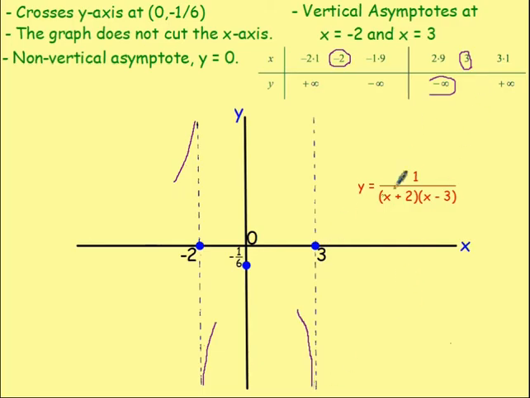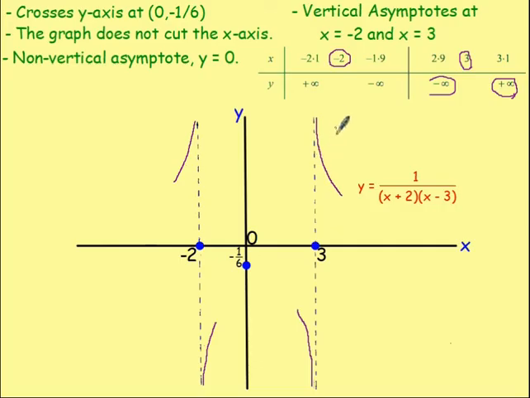On the other side with 3.1, because we had a positive value here, it means it's coming from positive infinity, so it's going to be coming from up there, so it'll be looking something like that. And you can see for these parts that you've drawn in, you should have the line getting closer and closer to the asymptote, but it's not going to touch. Imagine if you continued that up there, again it would get closer and closer. It's the same down here, the same here, and the same here.